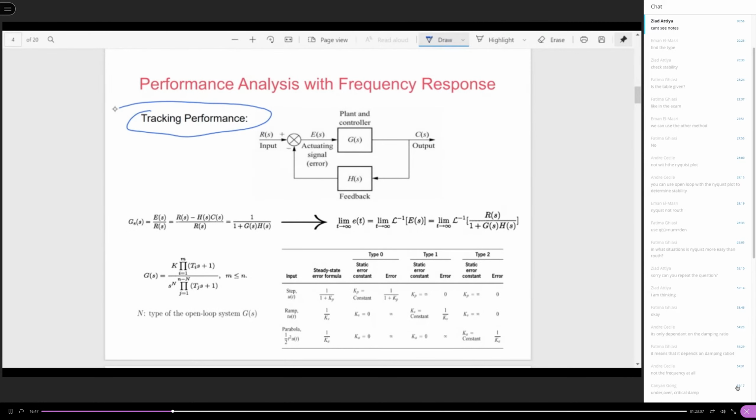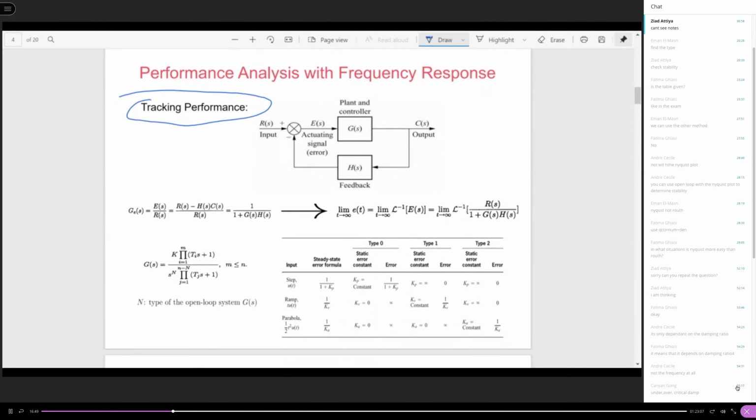This performance we spent a lot of time on in Control One, so this is a good opportunity to review it again. I mentioned this in Control One just a little bit, and maybe you did not understand the point very well.